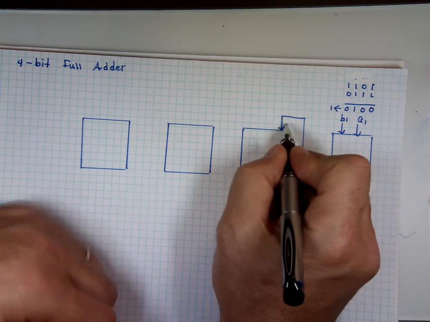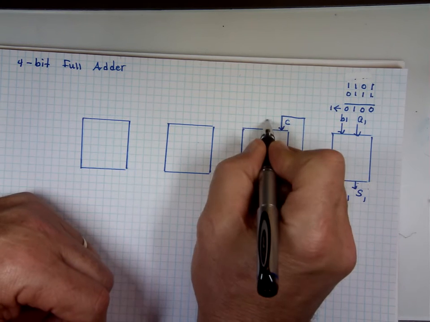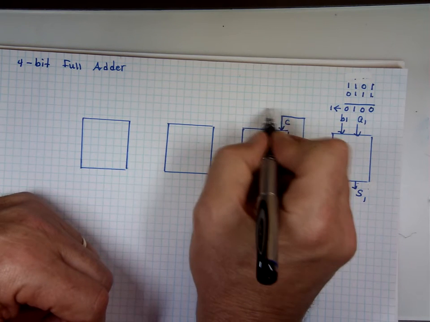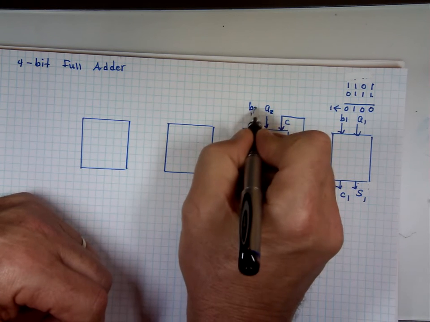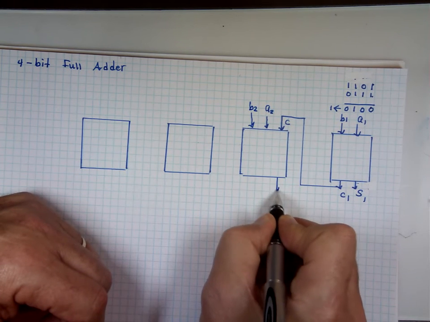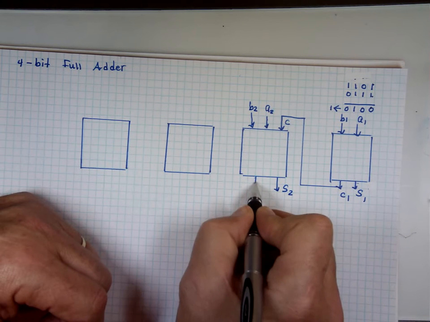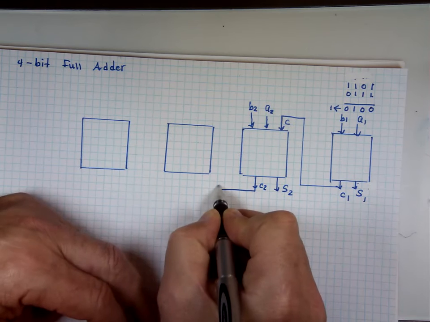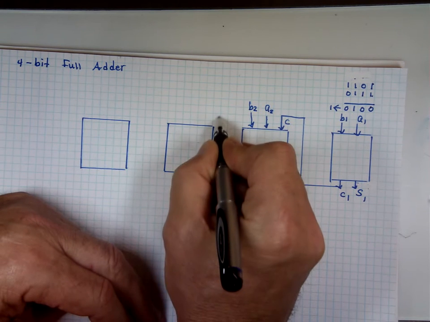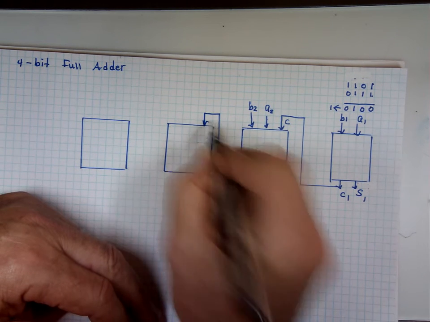So that becomes the carry of this one, and this is the second digit, A2, B2. This is sum 2, carry 2. Again, we take that one, feed it back to this.